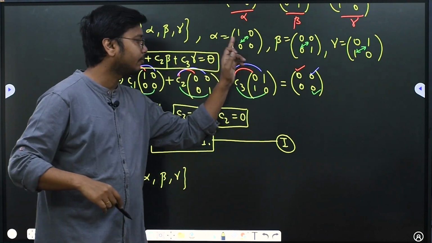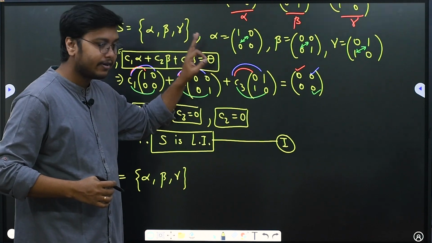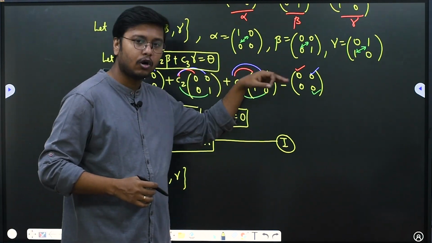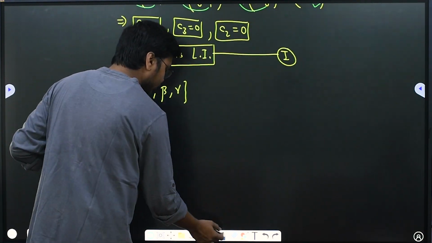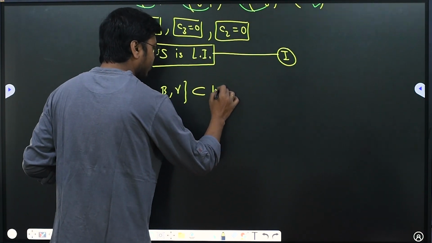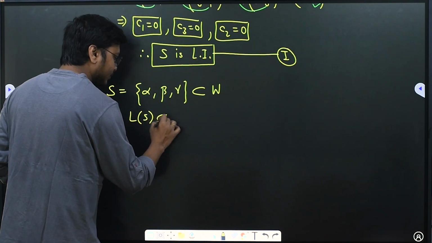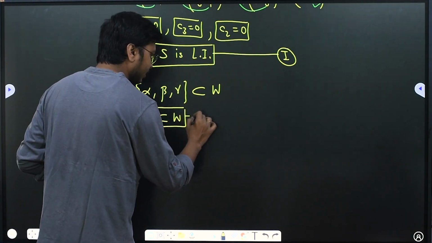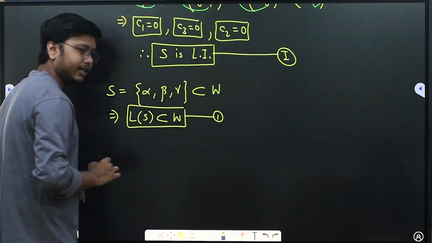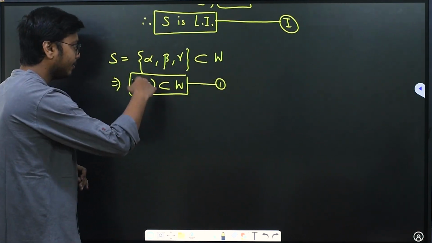So therefore alpha, beta, gamma, all of them are symmetric matrices, and hence all of them belong to my W subspace. So this is a subset of W. If I take L on both sides, I'll have L of S subset of L of W, which means simply W. That's one of the conditions I need, and then I need to take a random element from W.